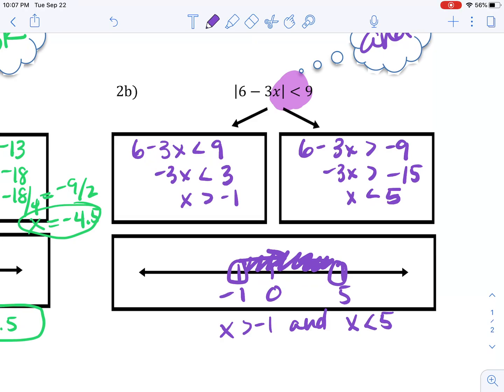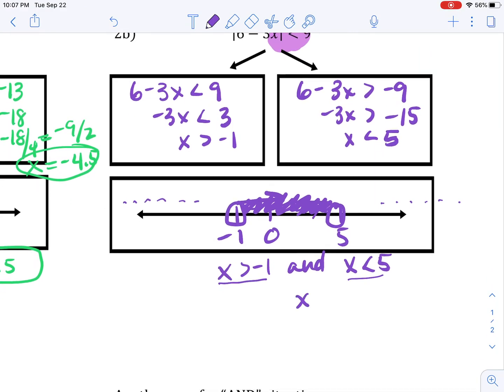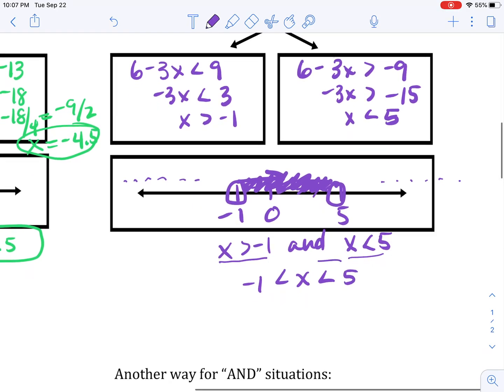You can't really have just greater than negative 1 because that would be over here. Can't have just less than 5, that would also be over here. It has to be both of these restrictions. It has to be both greater than negative 1 and less than 5. It's got to be in between. Again, you can write this as x in between the negative 1 and the 5. X is between negative 1 and 5. So it's a second way to write the solution.